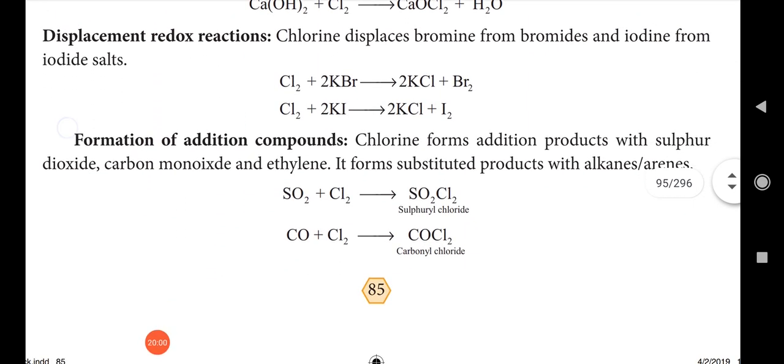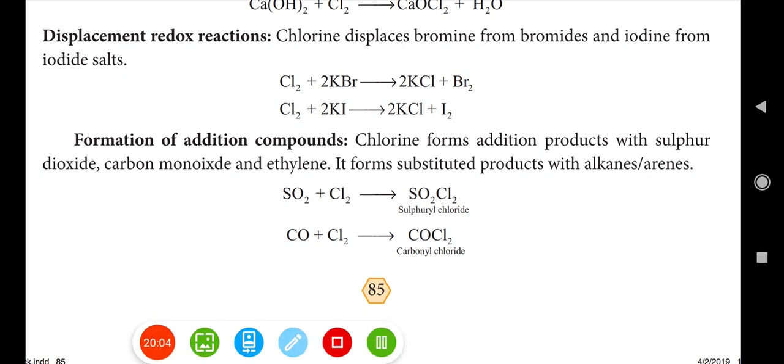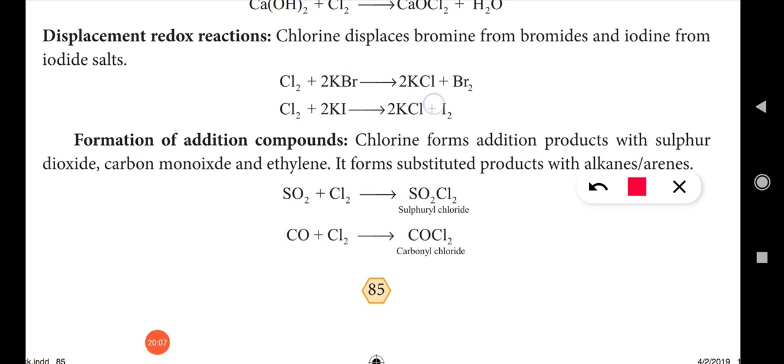Displacement redox reactions: chlorine displaces bromine from bromide and iodine from iodide. So iodine from potassium iodide, bromine from potassium bromide, with the help of chlorine.